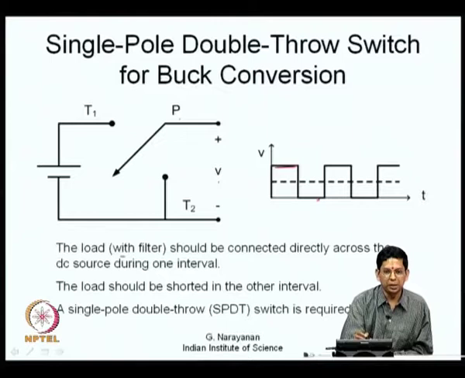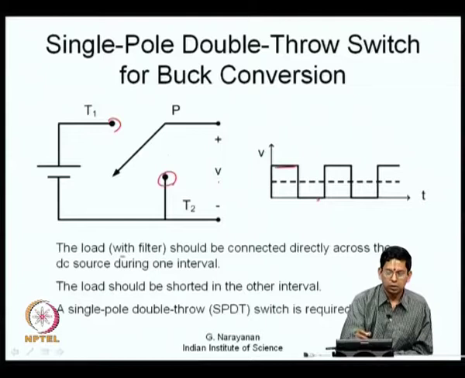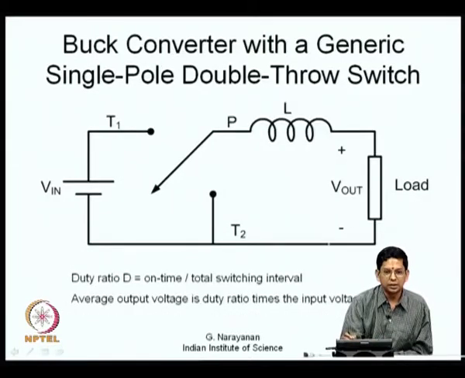This is a pole P. This is connected either to the throw T1 or the throw T2 as I have indicated here. So, now what happens? Now, you have a single pole double throw switch. If you have a single pole double throw switch, you can realize such a pulsed waveform. So, we can put the two together, a switching network and a filter.